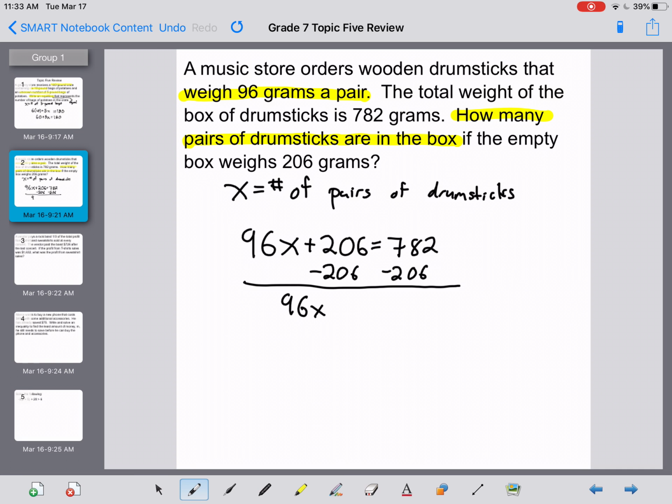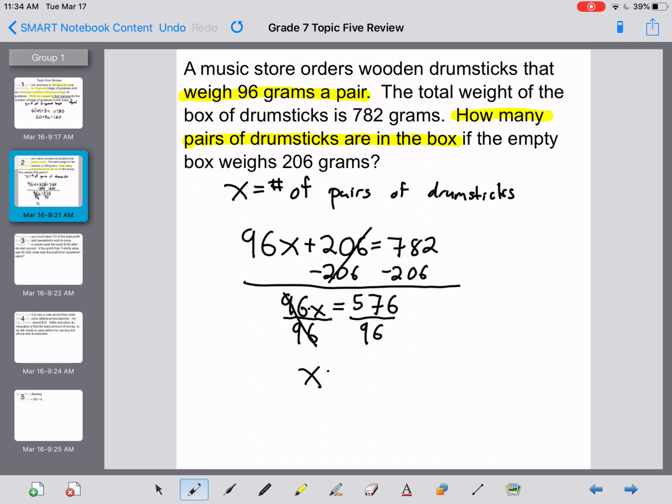96x just comes down. 206 minus 206 cancels out. And I'm left with, on the right-hand side, 782 minus 206, which equals 576. Now, since I have 96 times x, the opposite of multiplication is division. So I can divide both sides by 96. 96x divided by 96, the 96's cancel out.